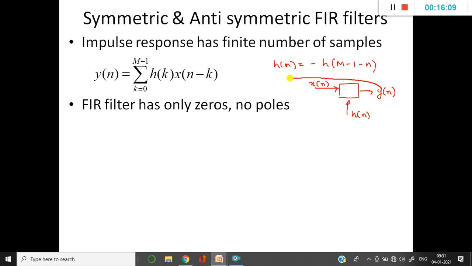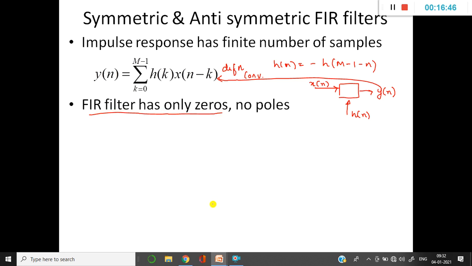Writing this equation in the time domain, it is the convolution definition: y of n is the sum over k from 0 to M minus 1 of h of k into x of n minus k, the definition of convolution.